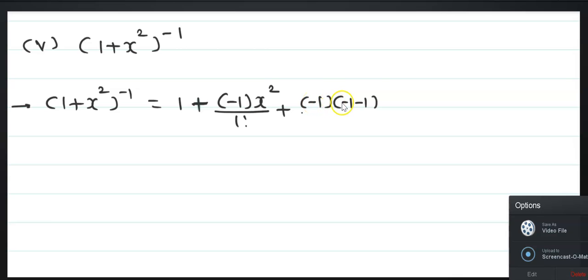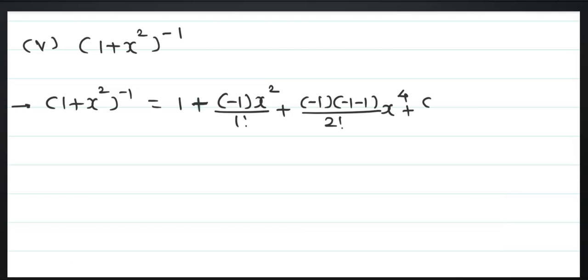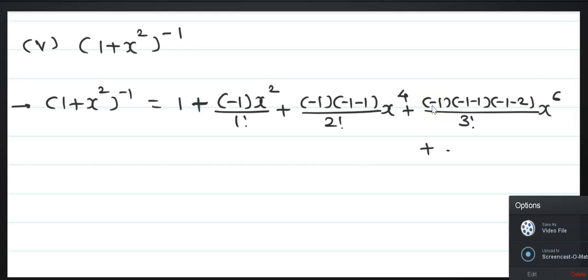Minus 1, minus 1 minus 1 upon 2 factorial into x raised to 4. Plus, now the next term is minus 1, minus 1 minus 1, minus 1 minus 2 upon 3 factorial into x raised to 6. How many terms are here? 1, 2, 3, 4, plus and so on.